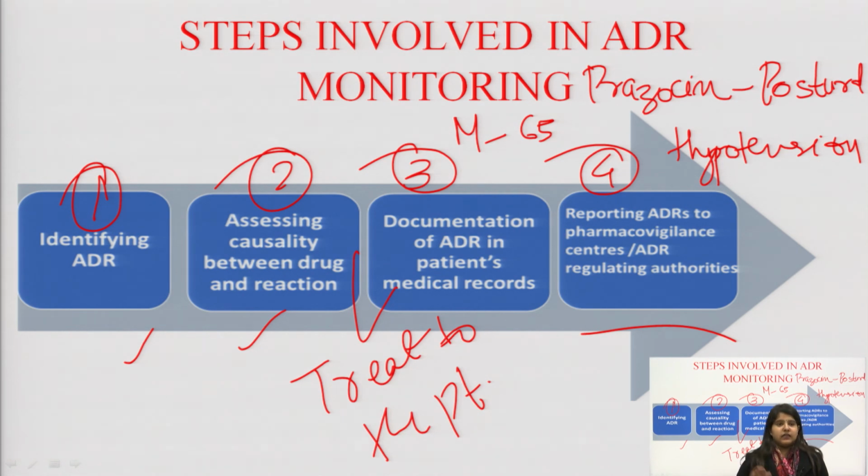But in this example of postural hypotension, the problem is not that severe, right? In that case we make up the whole documentation and send it to the pharmacovigilance center. But what happens if, let us say, instead of postural hypotension, the patient died? That is a lethal adverse drug reaction.